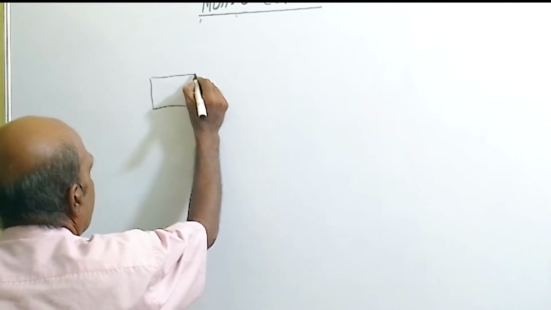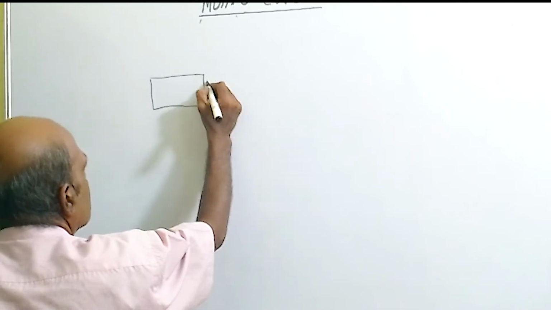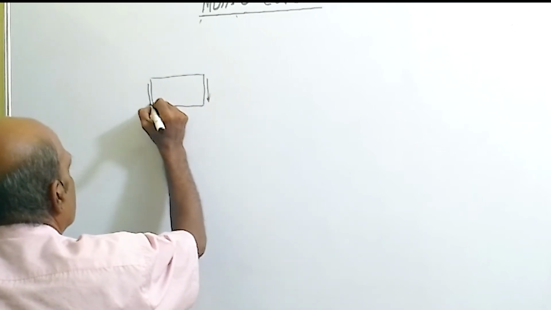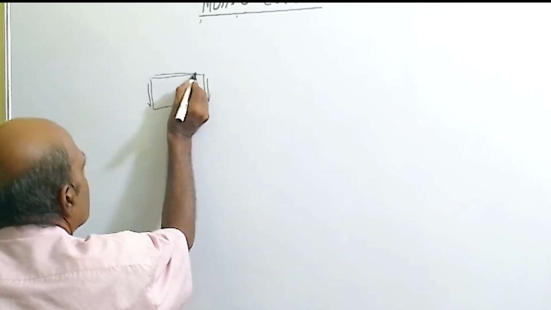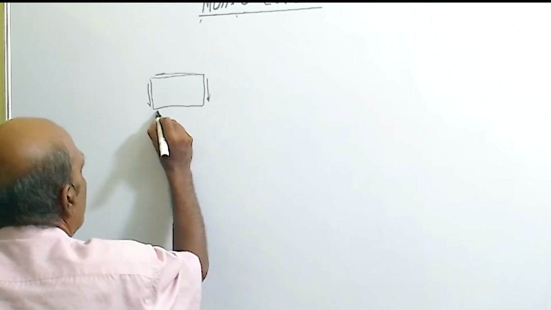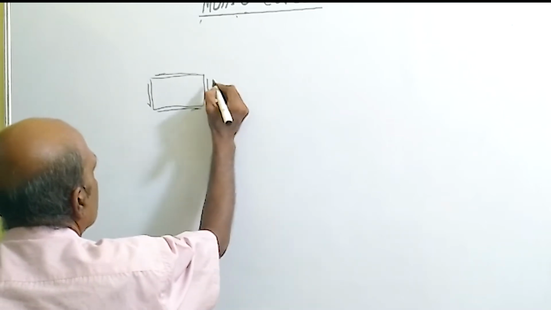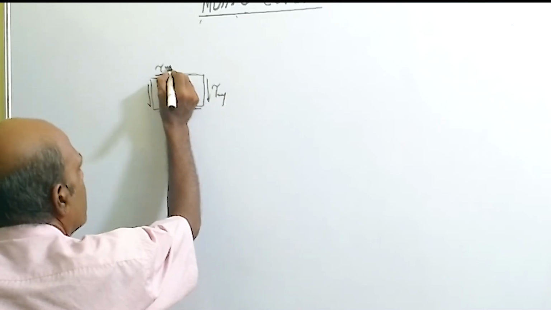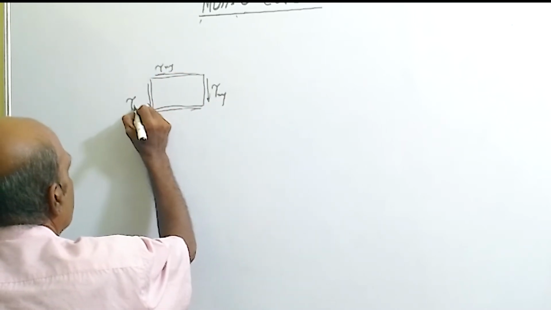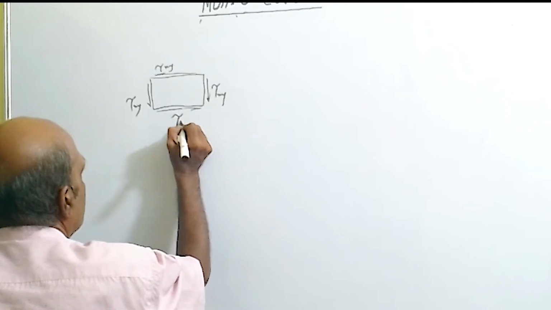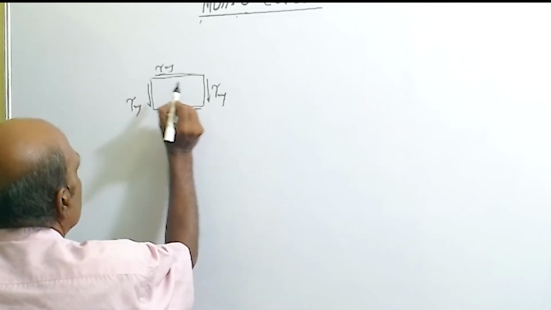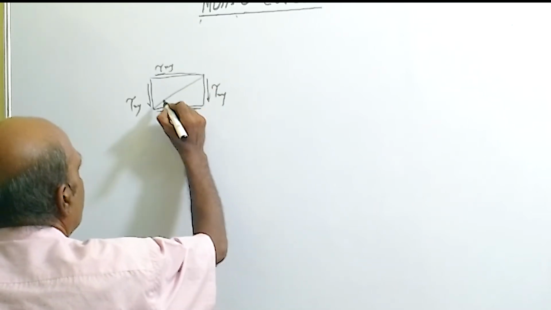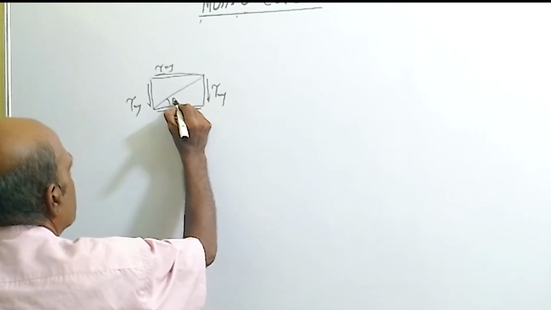The body is under pure shear stress. Say the clockwise shear stress on the x face and anti-clockwise shear stress on the y face is acting. So tau xy, tau xy, tau xy, tau xy. Now we are considering this inclined plane makes an angle theta with the positive x direction.